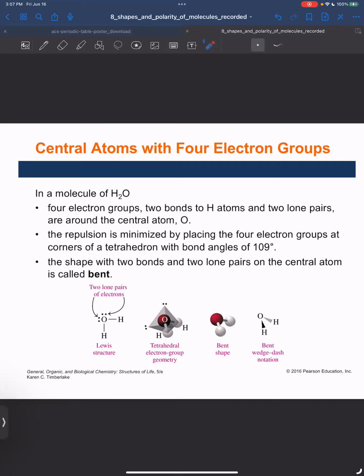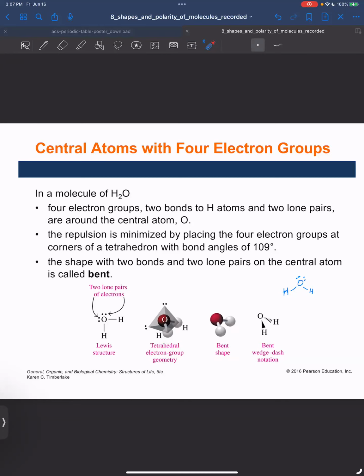And you could draw this bold and dashed, or a lot of times with water, we just draw it this way where it's in the plane and we assume the 3-dimensional nature of that molecule. But the bond angle is closer to 109 for this bent molecular geometry as opposed to the 120 degree bond angle that we saw in a previous example. So the bond angle is based on the electron pair or the electron group geometry.